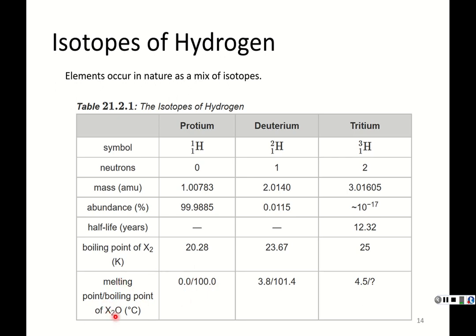These are for H2O, D2O, or T2O, and they're fairly similar. Deuterium has a very slightly higher melting and boiling point. Tritium has a slightly higher melting point, but the boiling point has not been determined.